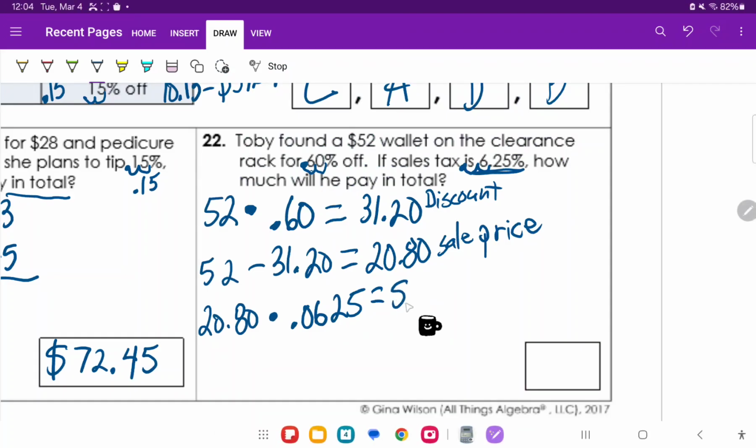Okay, now to get the total price, we'll take the sale price plus the $1.30. I will go ahead and write that down here: the sale price plus the tax.